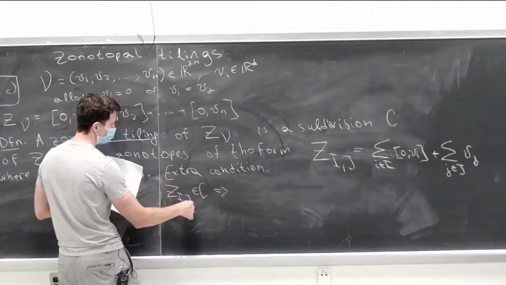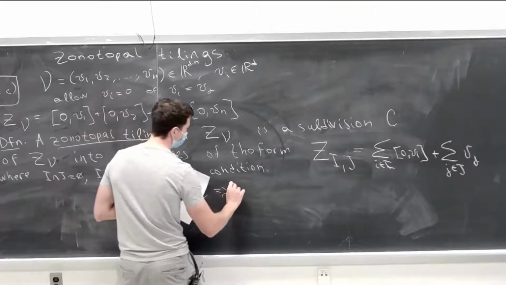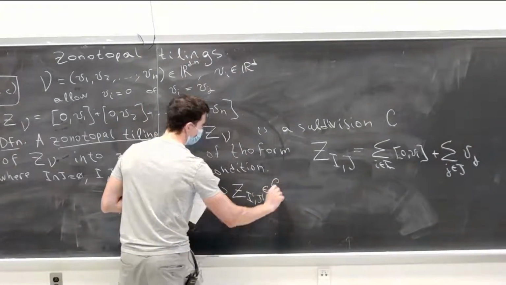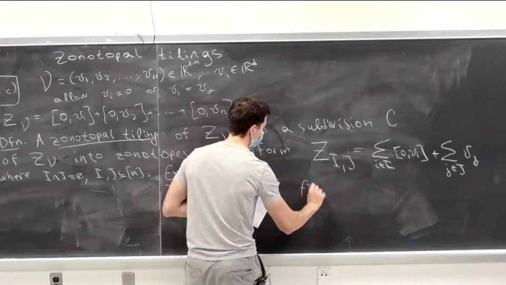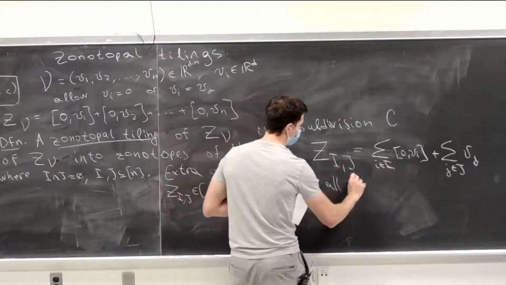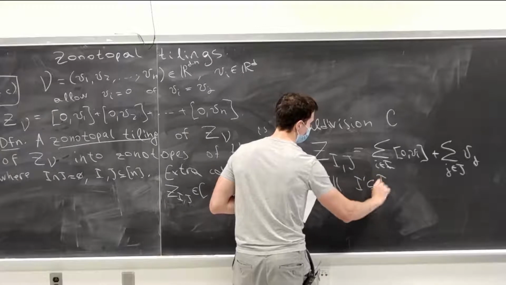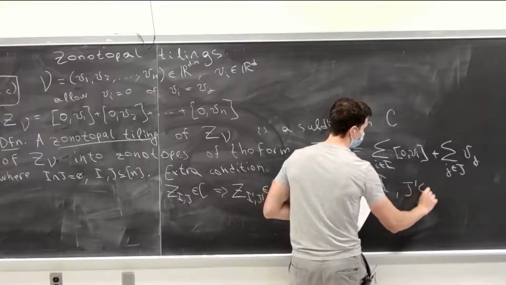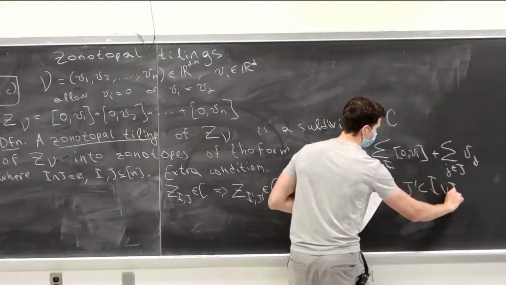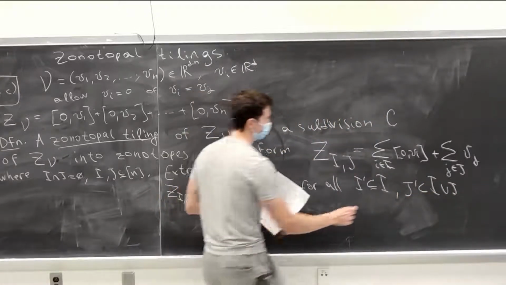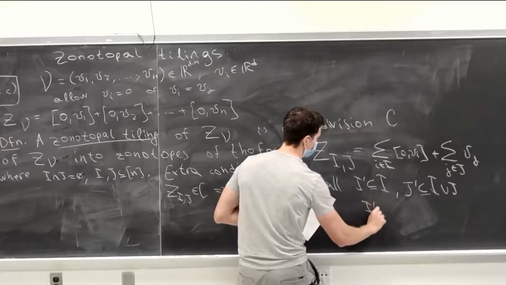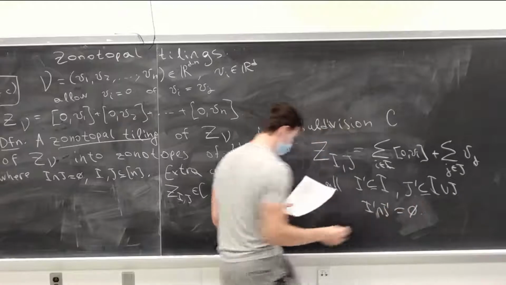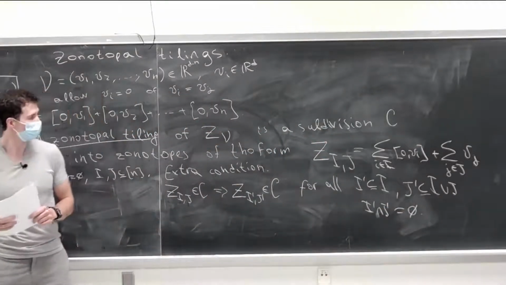So if Z_{I,J} belongs to your zonotopal tiling, then Z_{I',J'} belongs to your tiling for all I' subset of I, and J' subset of I union J, and such that these two also have to be disjoint: I' intersection J' is the empty set.